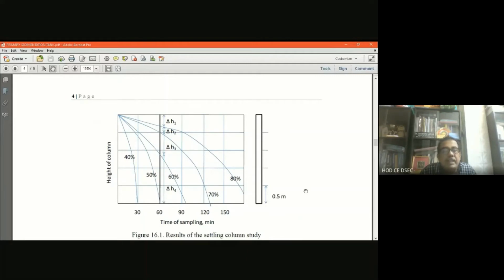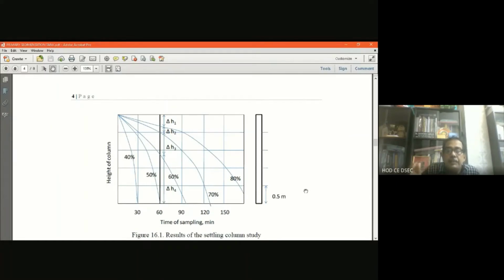So this vertical line will cut the curves which are plotted at some suitable points, and those intersecting points from the top you can designate as delta H1, delta H2, delta H3, delta H4. What does it mean? The curve which shows the removal efficiency between 100% to 80% cuts the vertical line at the delta H1 point.